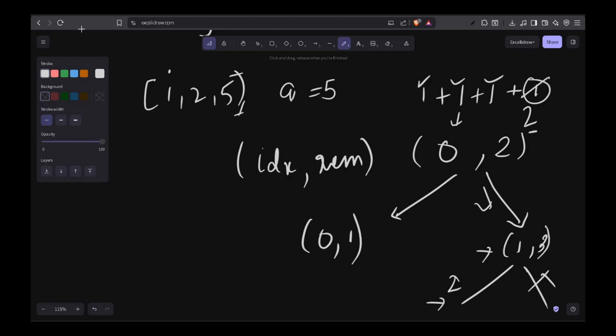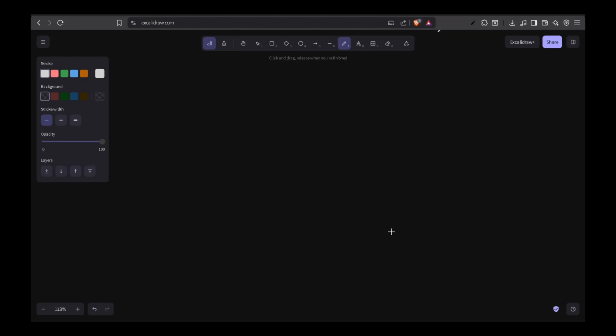In this call we just moved on from 0th index to the first index. After moving to the first index, we'll decide if we want to use that number or not, right? So the DFS call can be written as something like this. At every step, what we can call is DFS of IDX, the current index.